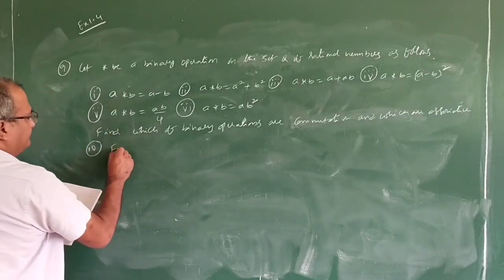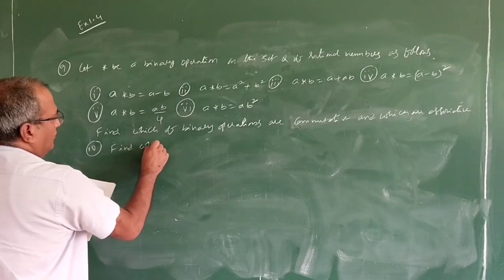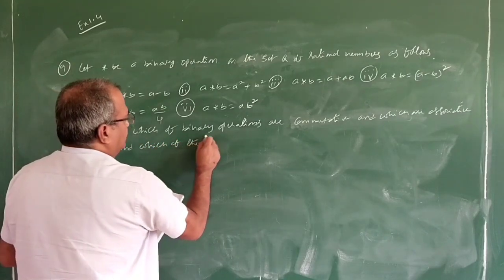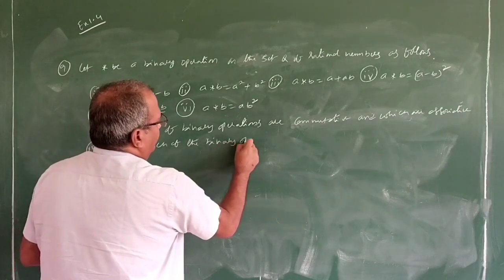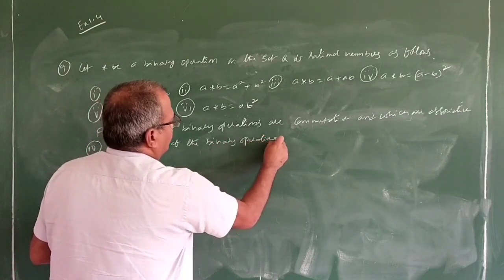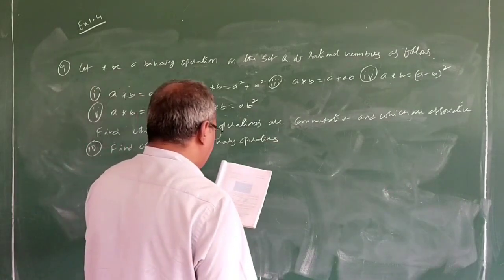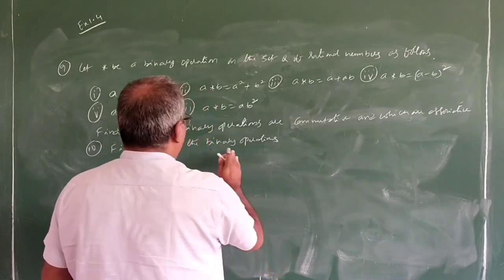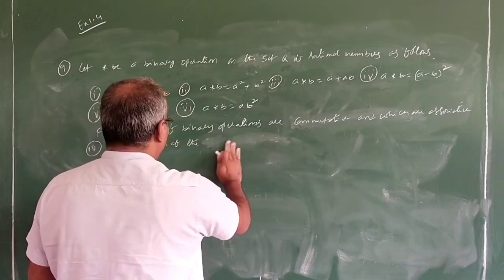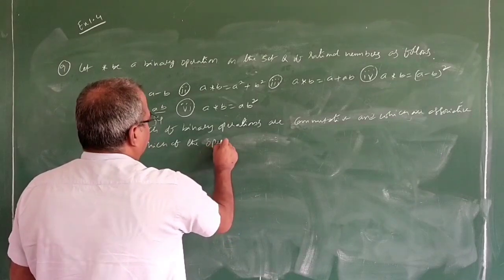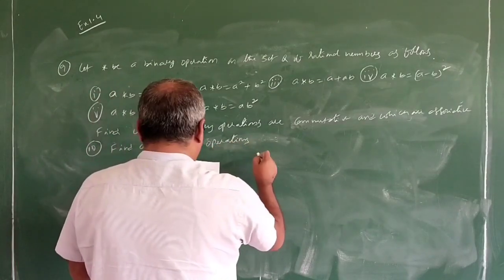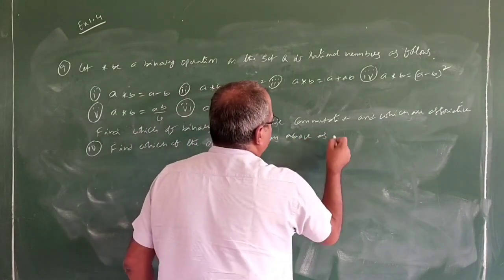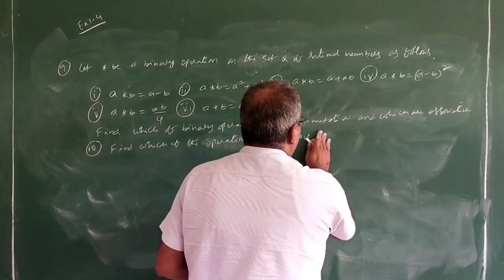Find which of the binary operations given above has identity.